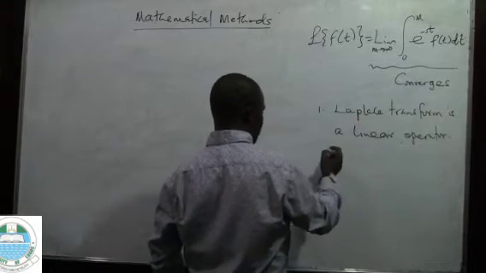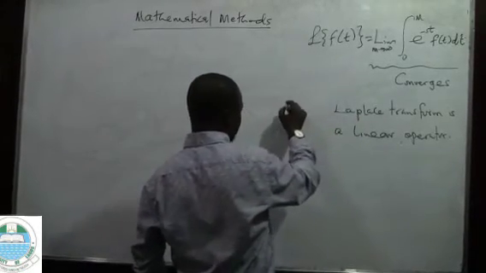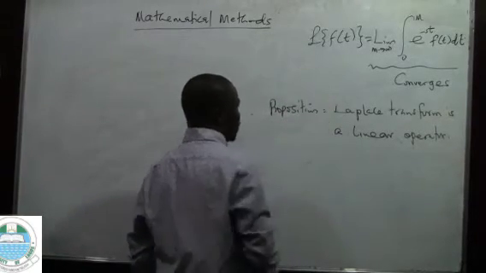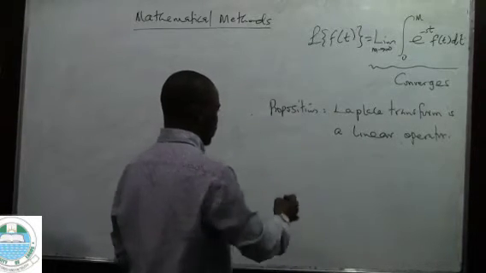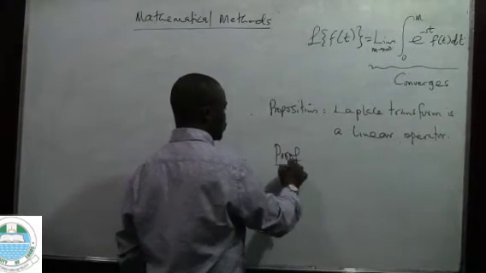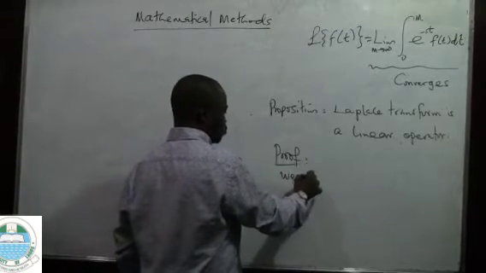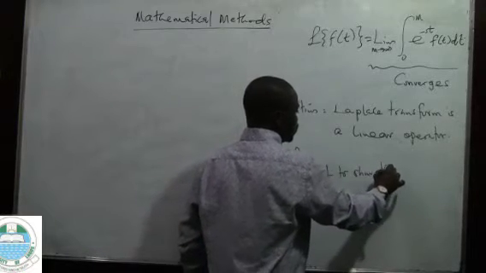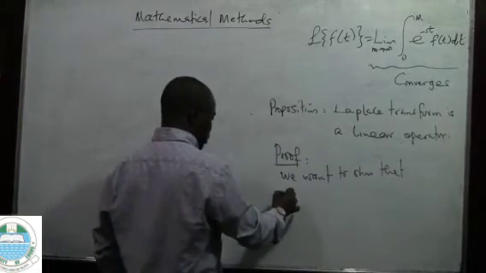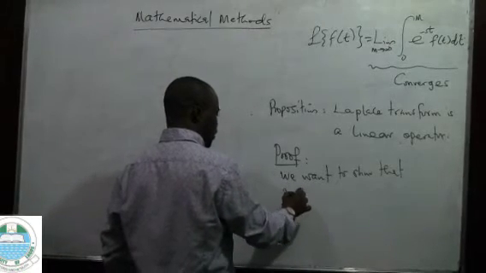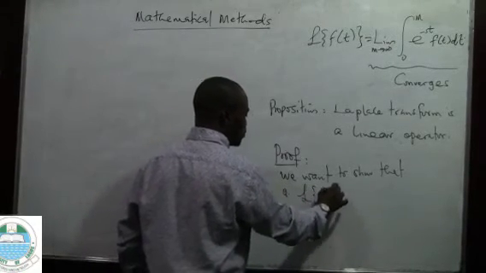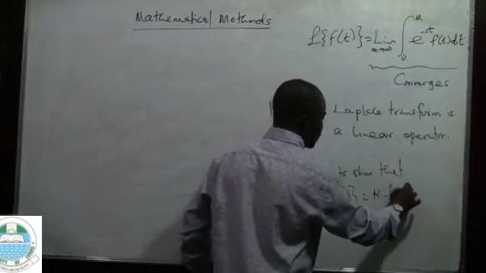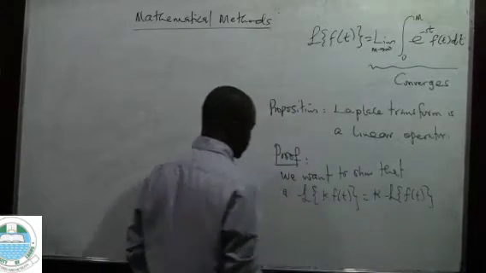So to show this, let me call this one a proposition. Proposition: the Laplace transform is a linear operator. Then proof. We want to show that, number one, the Laplace transform of a constant multiplied by the function of t is k Laplace of f of t, where k is a constant.